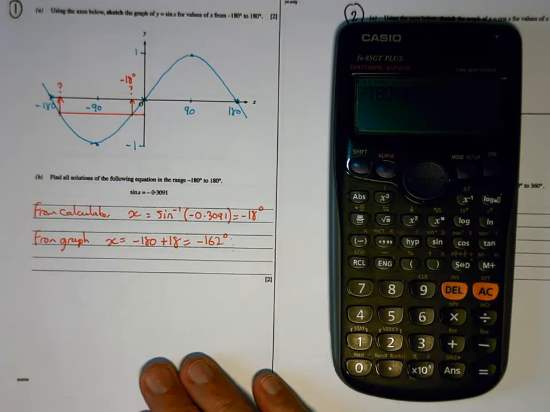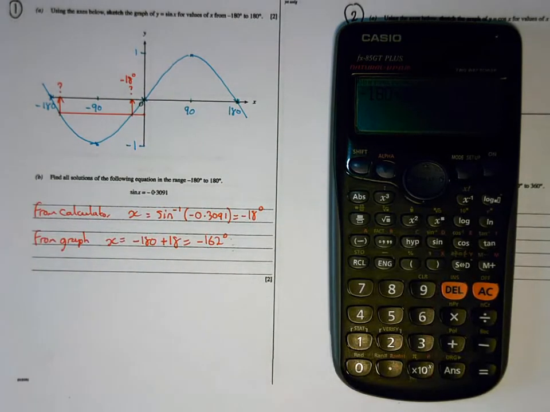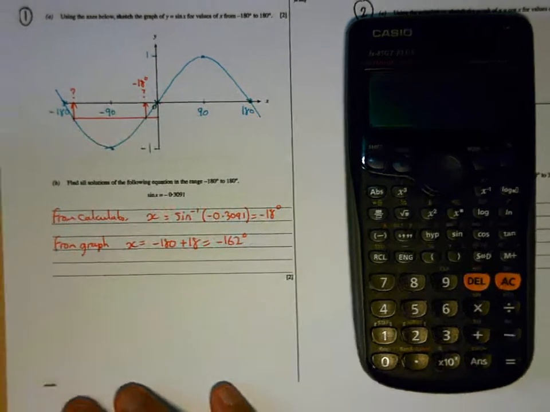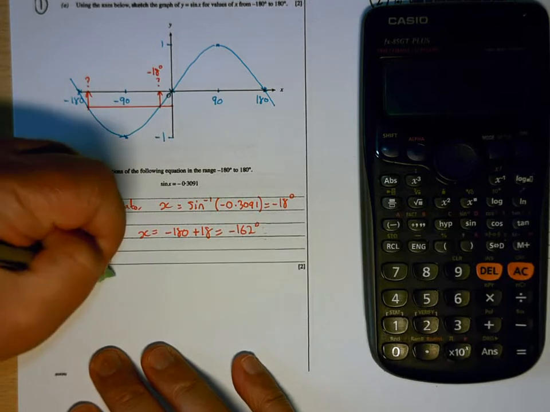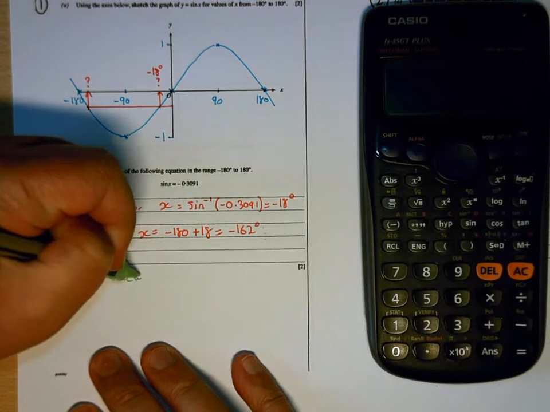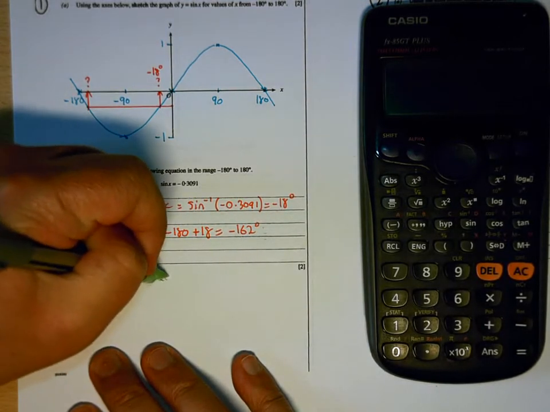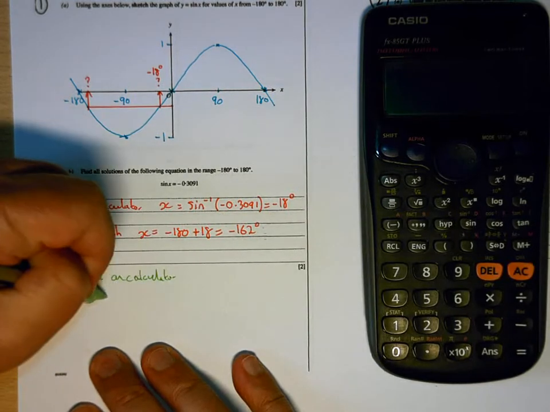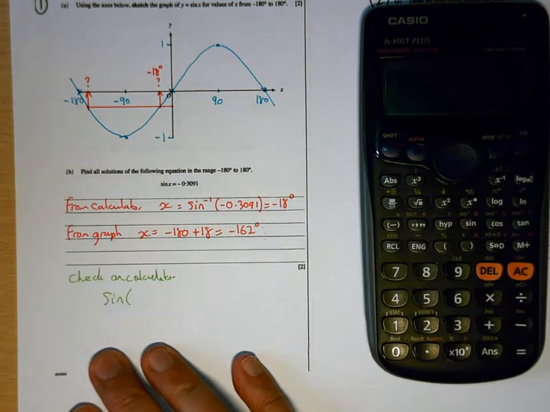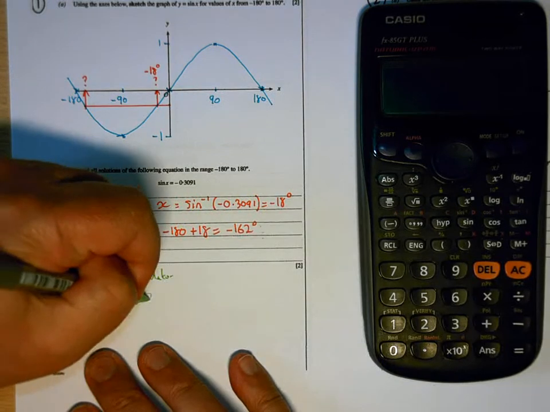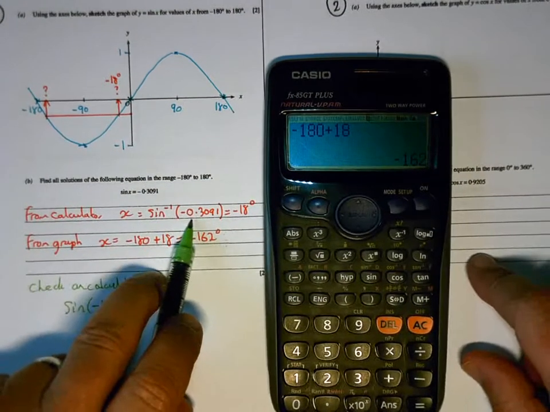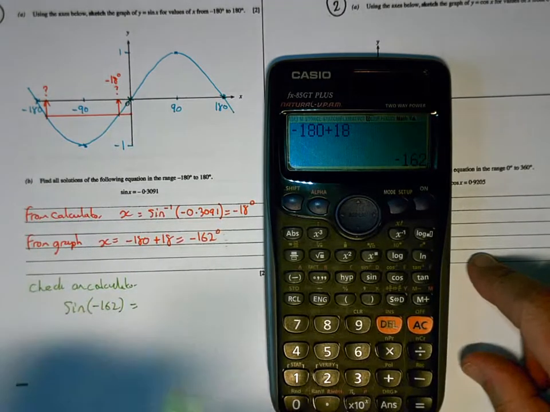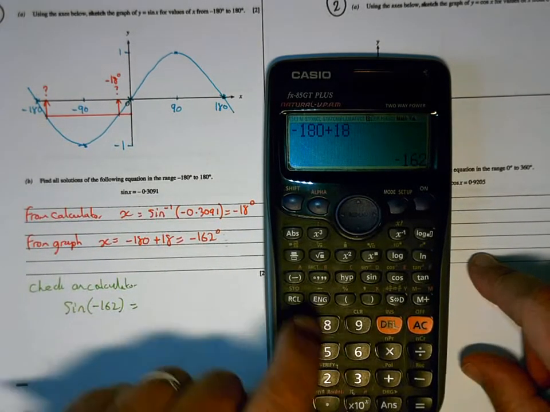And then all you need to do, just to make sure that you're right, and you don't have to do this, but it's good practice to do so, is just check on calculator. If you do sine of negative 162, you should get something close to negative 0.3091.